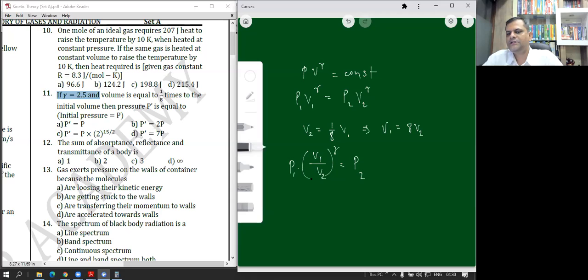If we replace it here, we get P1 into 8 V2 upon V2, raised to gamma, which is going to be P2. So V2 gets cancelled, and we are left with P1 into 8 raised to gamma, where gamma is already given. It's going to be 2.5, correct? So 2.5 can be written as 5/2.